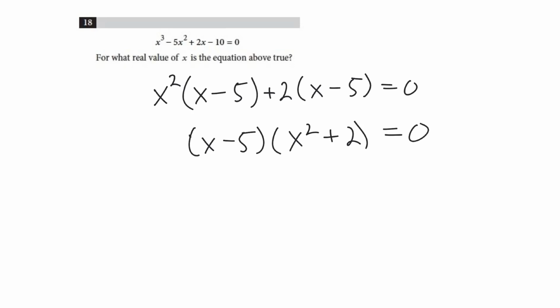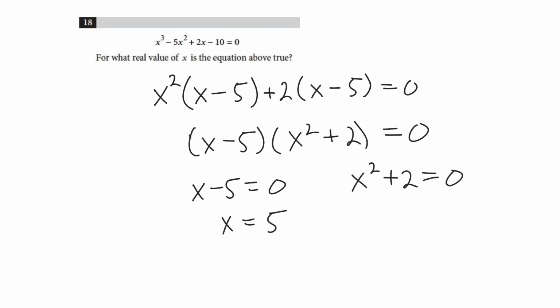Well, that means that we've got x minus 5 equals 0 and x squared plus 2 equals 0. We'll get x equals 5, and over here we have x squared equals negative 2. And then we take the square root of both sides, we get the square root of negative 2.